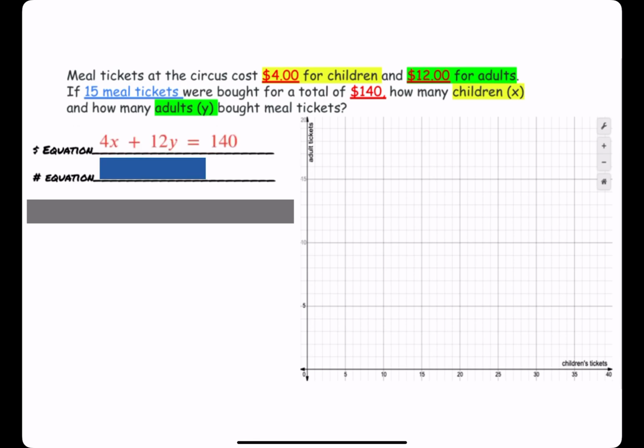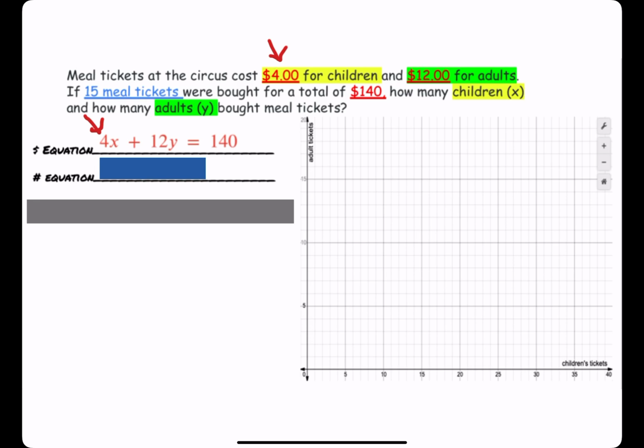To write the first equation, we're going to look at the fact that the tickets cost $4 for children, and there are X children. So our total cost for children is 4X, 4 times the number of children tickets.